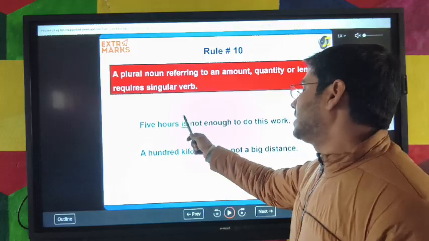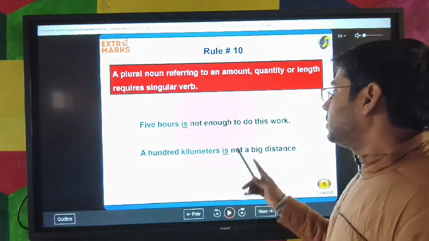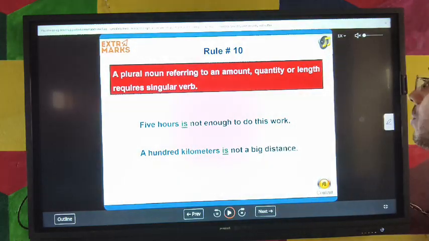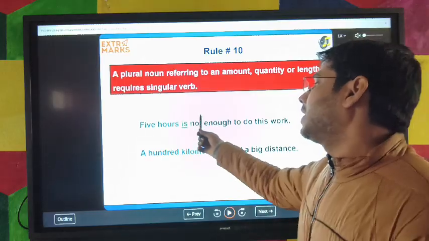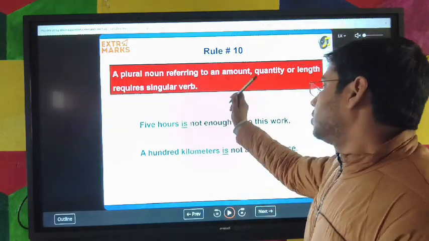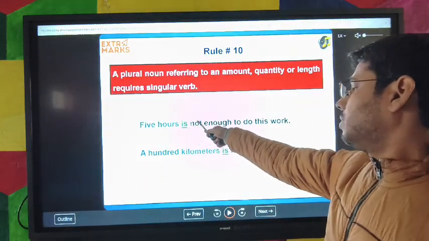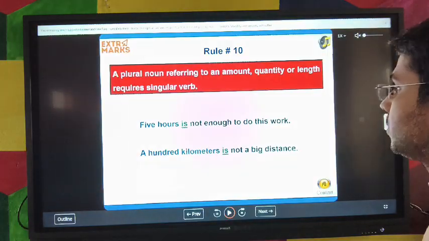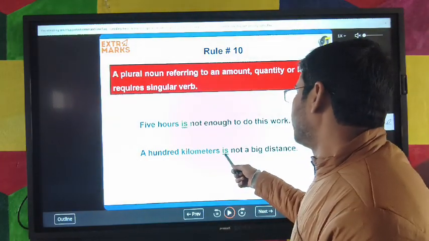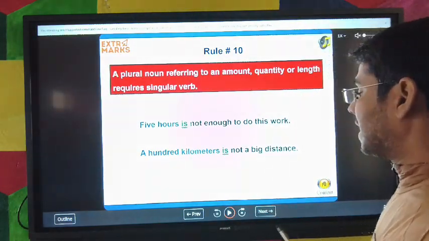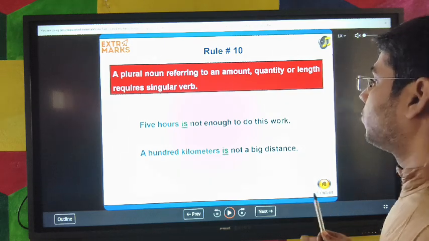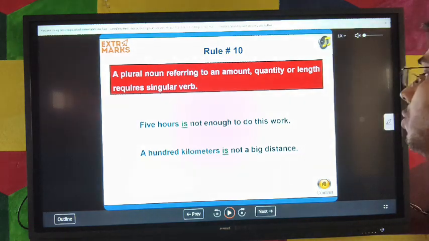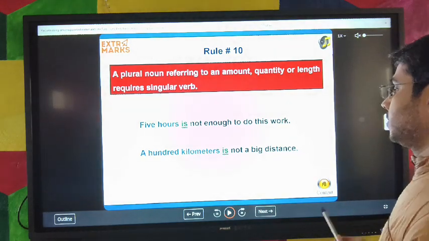Here 5 hours is a duration. We are talking about only one, single duration, and that duration is of 5 hours. That's why the singular verb has been used. Here 100 kilometers, we are talking about distance, only one distance, and that distance is of 100 kilometers.